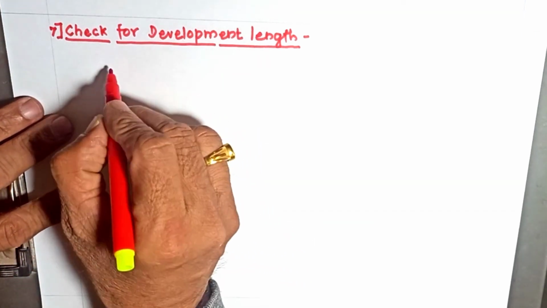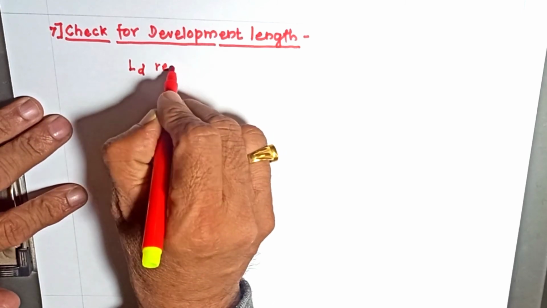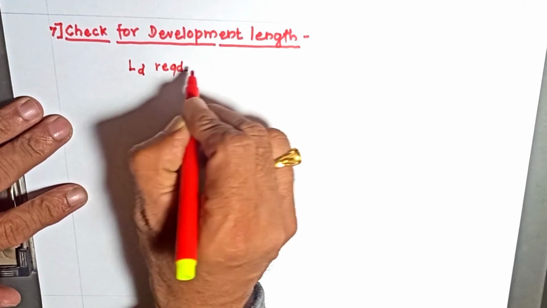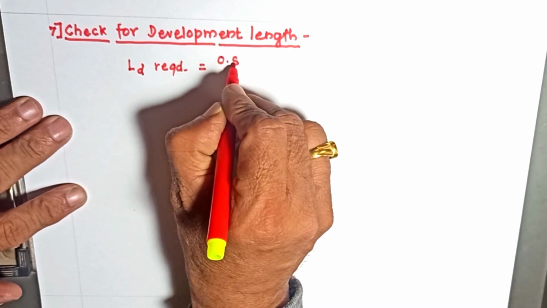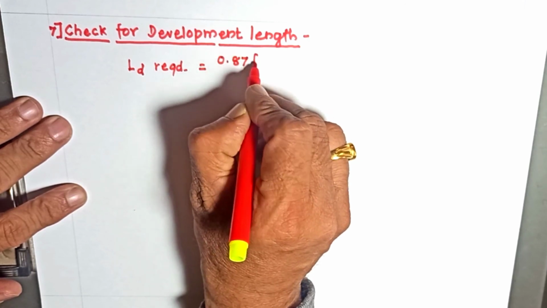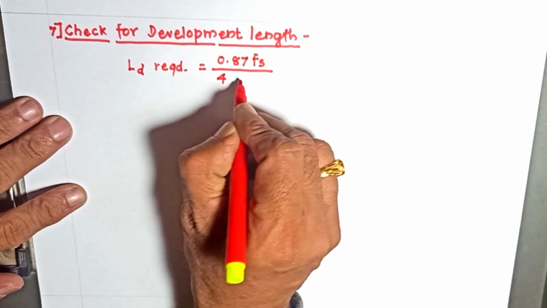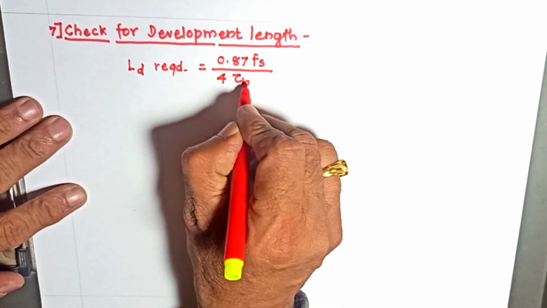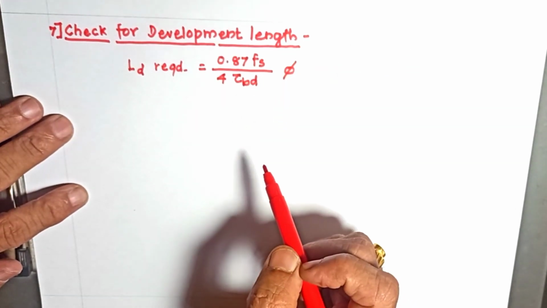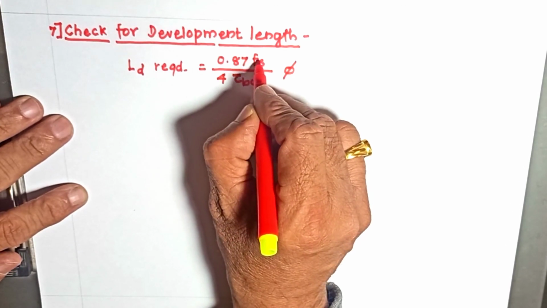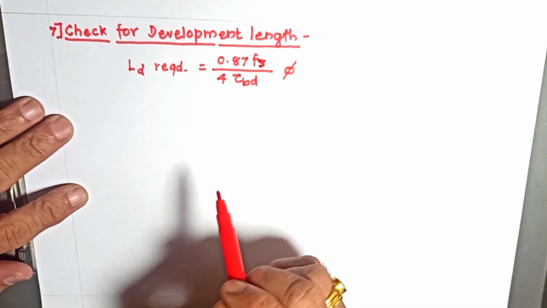Okay, so LD required. How do we calculate LD required? LD required is calculated as 0.87 Fy. This is sigma s upon 4 times tau BD, into phi.